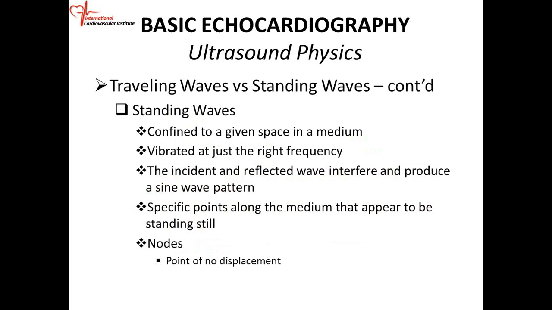It's a wave phenomenon where the pattern looks like it's standing still. But in order to get this pattern, at a specific frequency you're going to create a wave. That's what we call the incident wave. And then when that incident wave travels and reaches a boundary, it's going to be reflected in such a way.